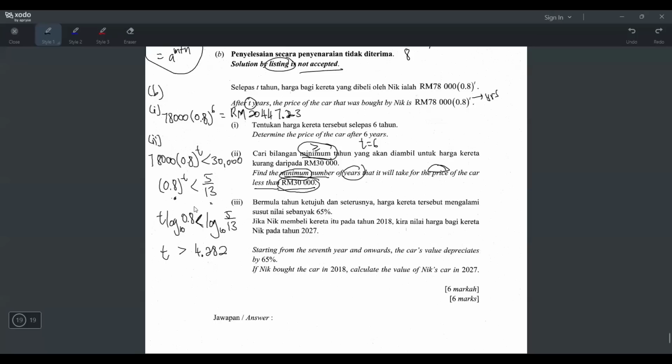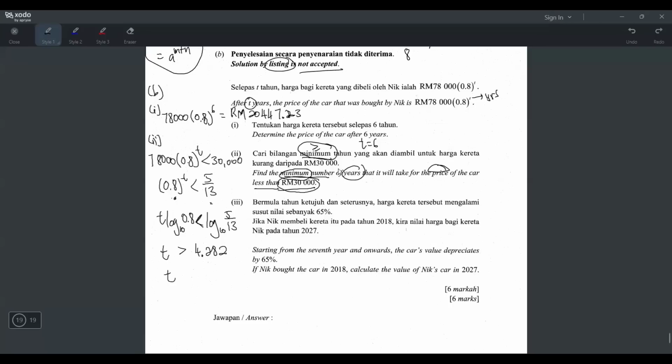So that's how I know I will get negative. That's why I terbalik, right? But why then the answer yang keluar tadi is positive? It is because this log 5/13 is also negative. If you press this separately, you get negative also. That's why this negative divide negative, it comes out as positive 4.282. If you press it individually, you will understand why I said both of them are negative. Okay. Now you have to choose the minimum value.